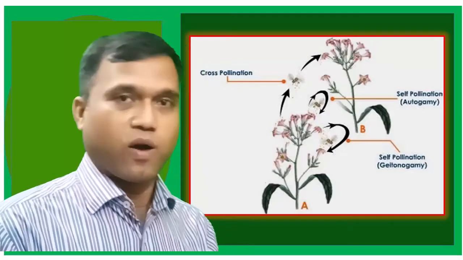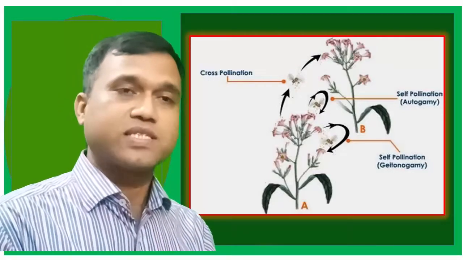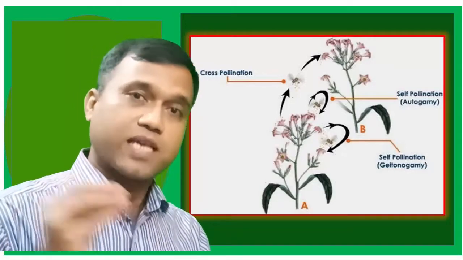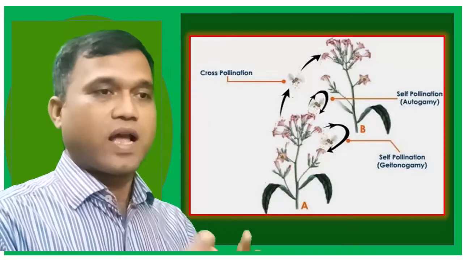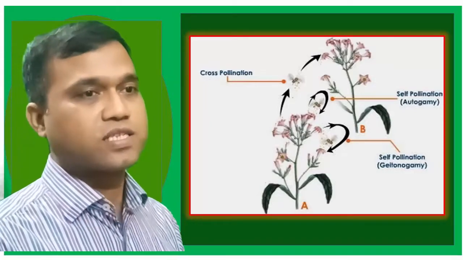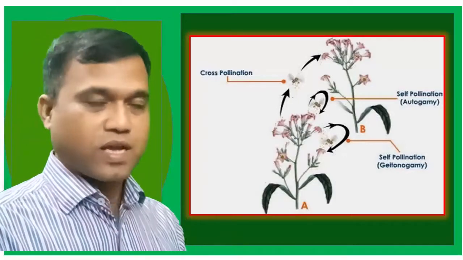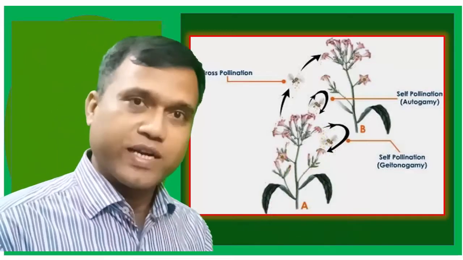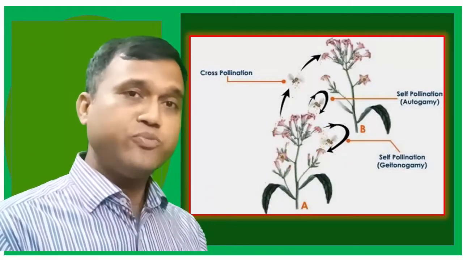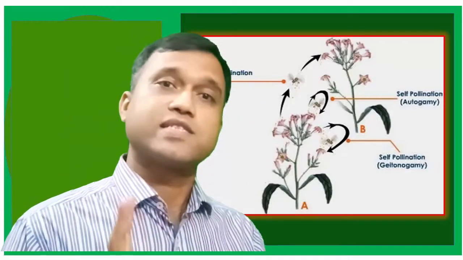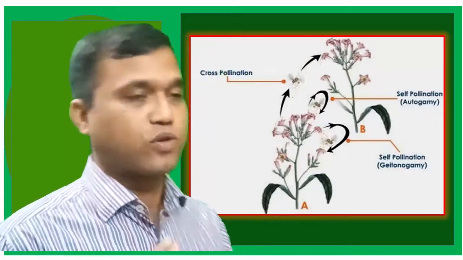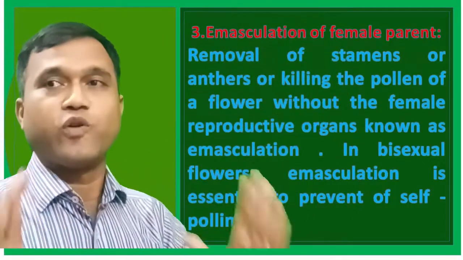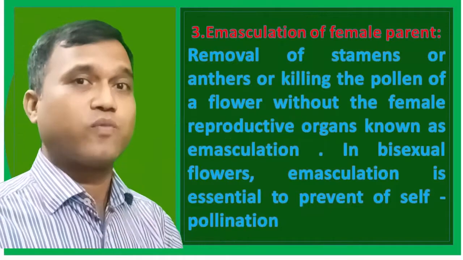And another type of self pollination is geitonogamy. Geitonogamy is the self pollination which occurs between two flowers of the same plant. Third step is known as emasculation of female plants or female parents.